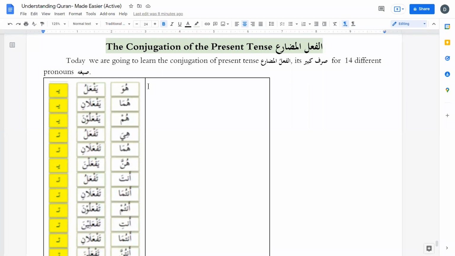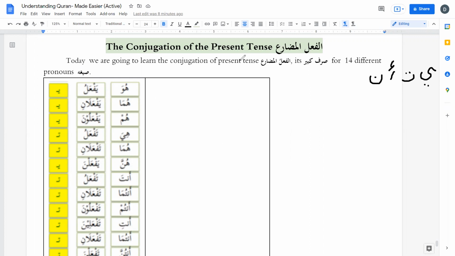So huwa is he, right? So huwa yaf'alu. We know that we have symbols for mudari. We already learned it in previous lessons. Symbols of mudari are either ya, or ta, or hamza, or noon.